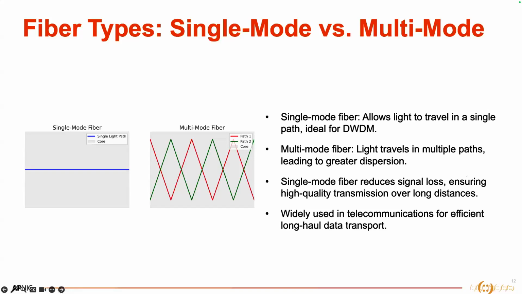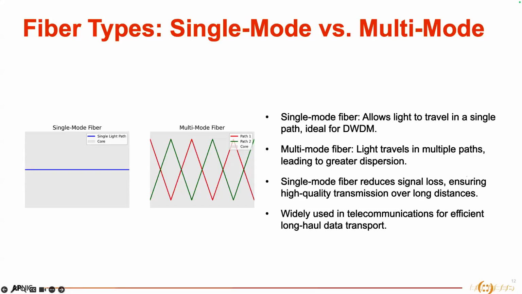For multi-mode fiber, light travels in multiple paths. That means multiple lights can travel together within multi-mode fiber. Multi-mode fibers are used basically for short-range communication, where single-mode fiber supports long-range communication between nodes.